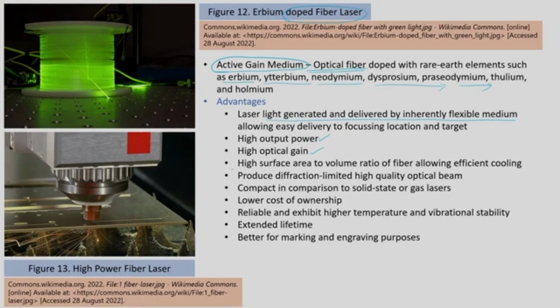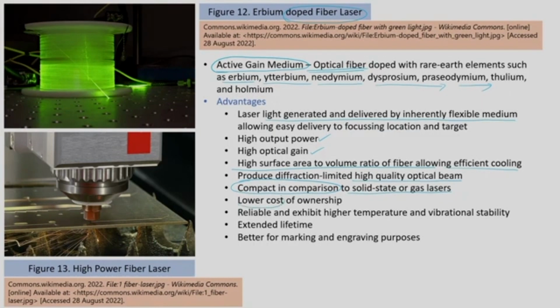There is a high surface to volume ratio of fiber, which allows efficient cooling as well, and we can generate a very high quality optical beam by using these kinds of lasers. The construction of the fiber laser is compact in comparison with the solid or the gaseous type of laser.